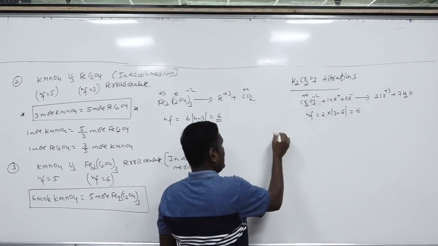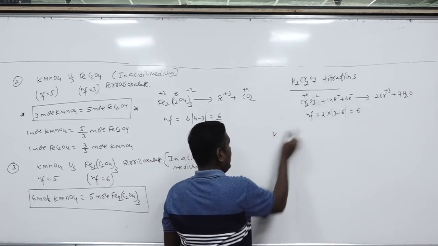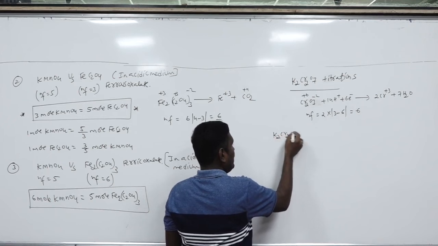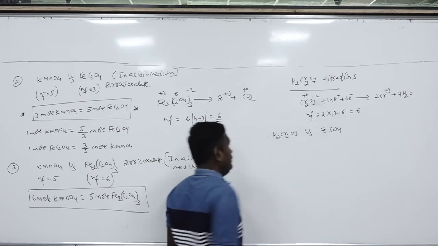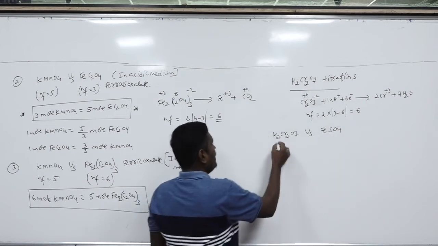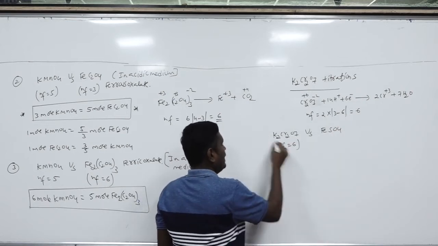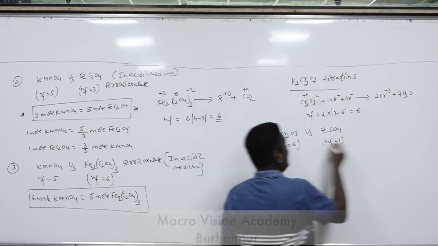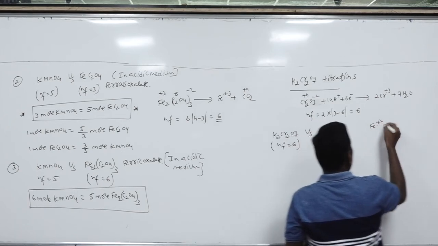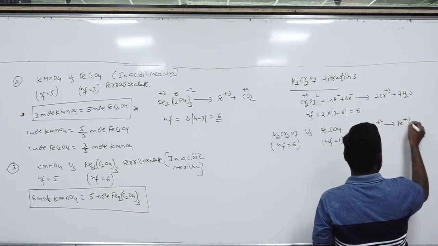Let's suppose the question is potassium dichromate, K2Cr2O7, with ferrous sulfate. Now, what is the N factor for potassium dichromate in acidic medium? 6. Ferrous sulfate N factor will be only 1 because ferrous ion in acidic medium oxidizes to what?